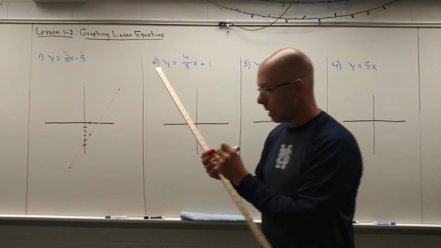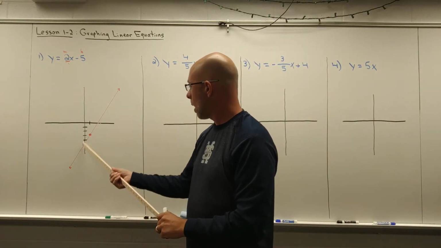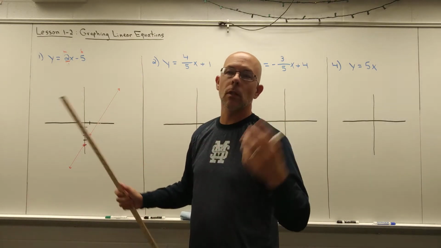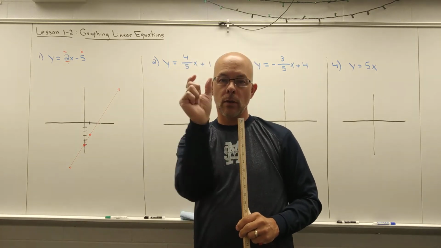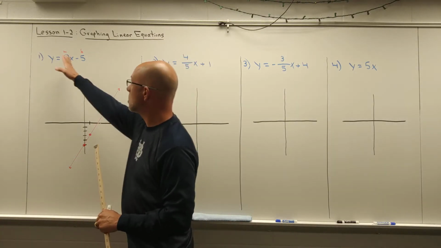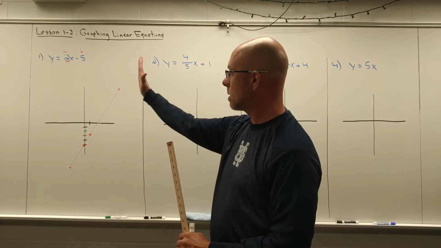So there's that straight line. Hitting the y-axis at -5, rising 2, running 1, rising 2, running 1, rising 2, running 1 the whole time. That's the steepness of a line. For every 2 it changes this way, it only changes 1 this way, and that line goes up from left to right because the slope is a +2, so you're rising up, running right, rising up, running right.